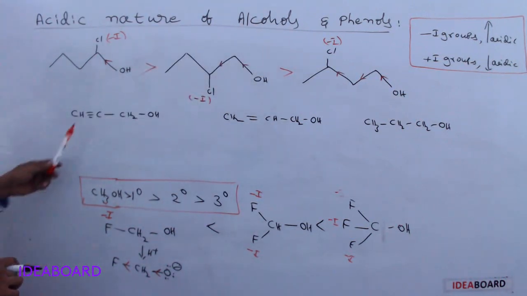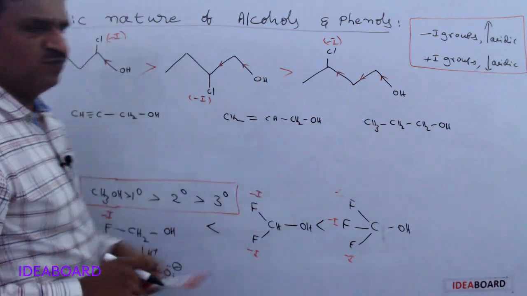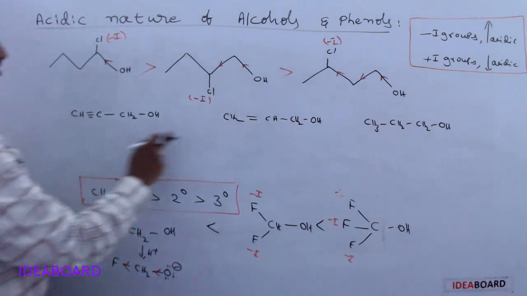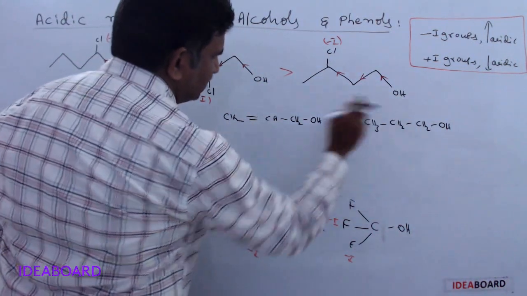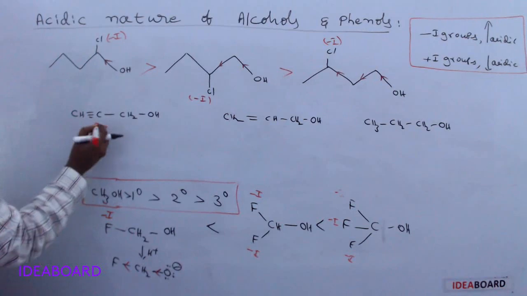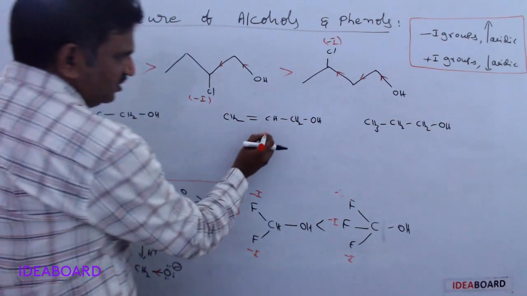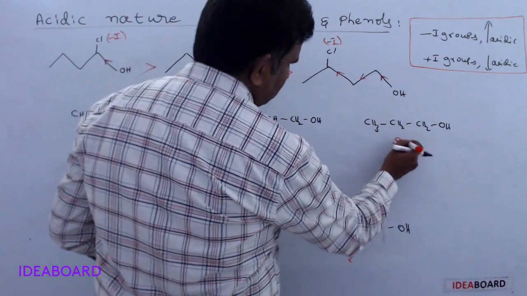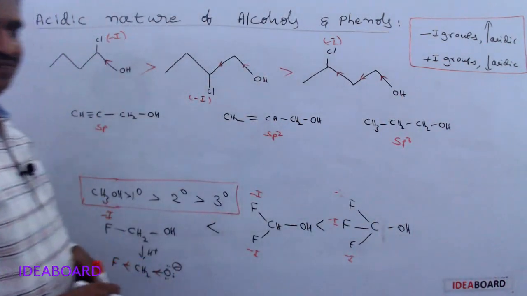Next, in these three compounds, which is more acidic? This one has a C triple bond C, this a C double bond C, and this a C single bond C. C triple bond C means sp, C double bond C means sp2, and C single bond C means sp3.